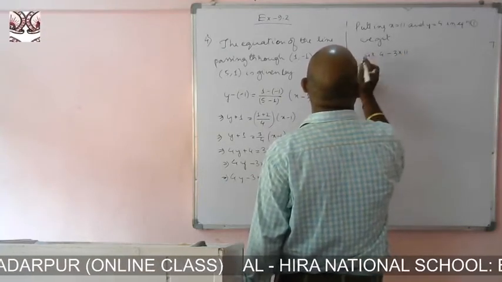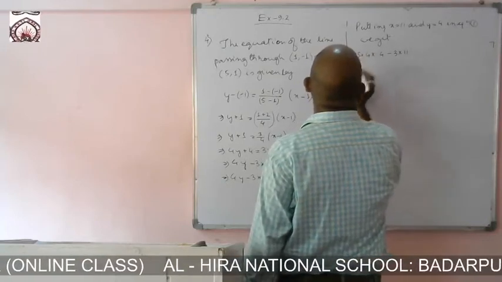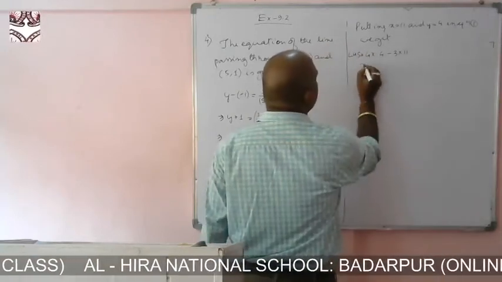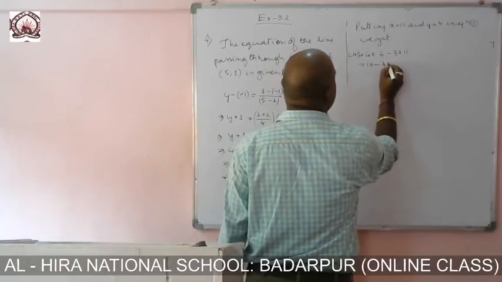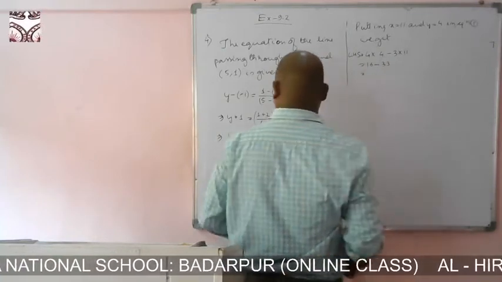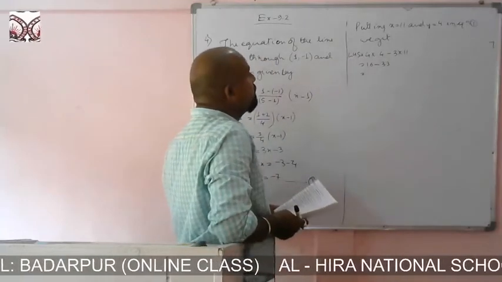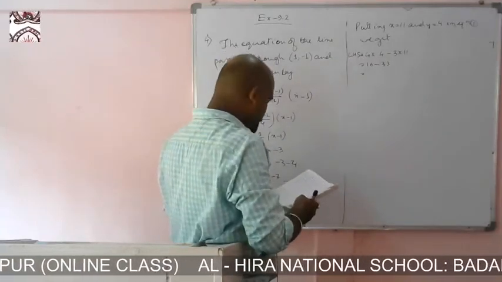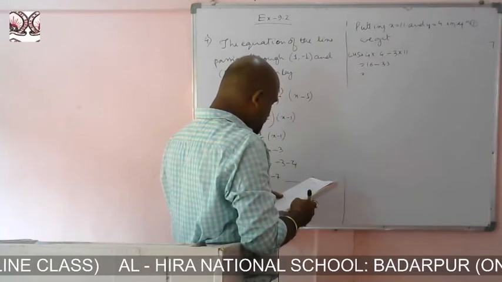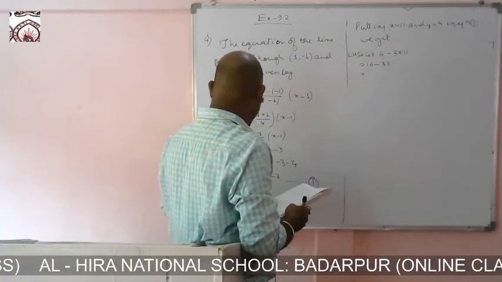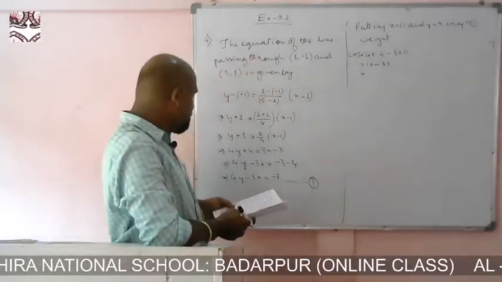What is the value we are getting? Left hand side equal to 16 minus 33.